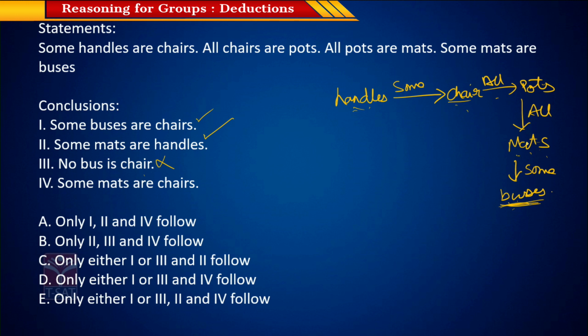We cannot definitely say all of the mats are chairs, but we can definitely say that some of the mats are chairs. So this is also a true logical conclusion. So the answer option is A. Only 1, 2 and 4 follow. 3 is not true. Let's look at the next question now.